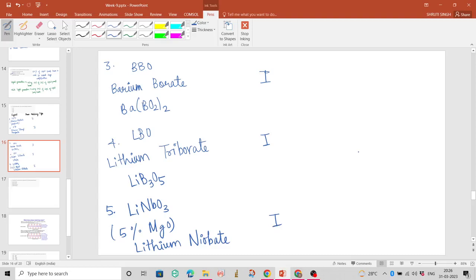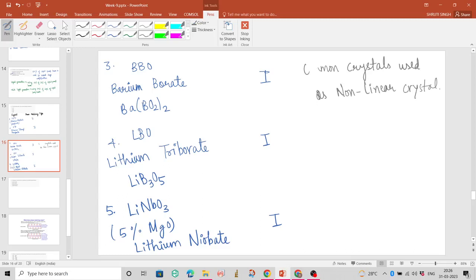So these are the common crystals used as nonlinear crystals.